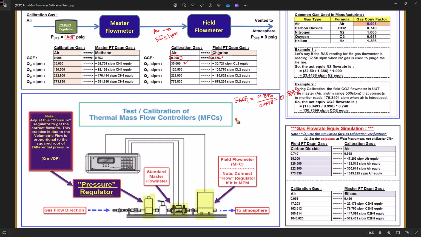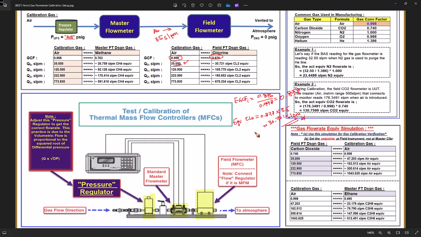So the equivalent chlorine value in this case will be 0.878 times this 35. So you will get about 30.721 standard liter per minute.